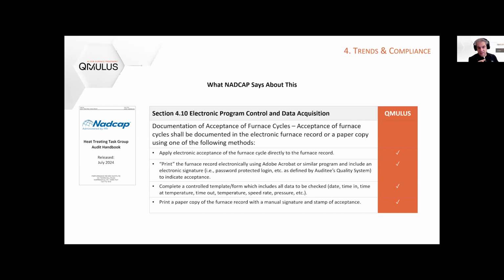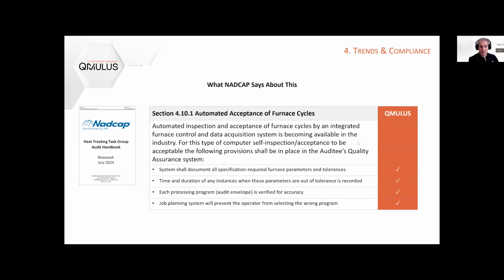And in this NADCAP publication, here are two sections, which if we want to go through questions and answers, we need to hurry up. But basically, yes, I'm allowed. I can apply electronic acceptance of the furnace cycle directly to the furnace record. Done. Kind of what we told you.